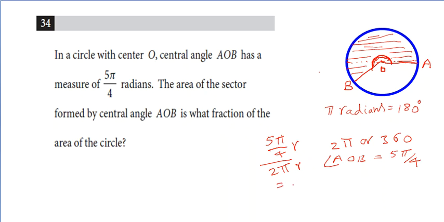If you go ahead and do the calculation, that would be 5 over 8, because pi and pi get cancelled. So that would be the ratio. So the answer would be 5 over 8. The main thing that you need to know is that 360 degrees in the circle corresponds to 2 pi radians.